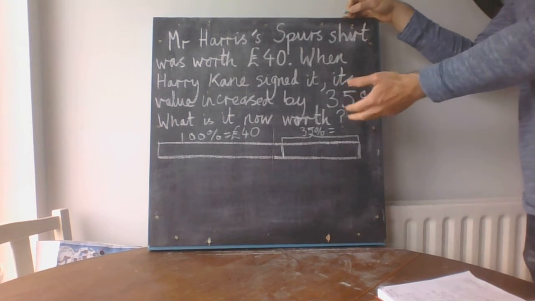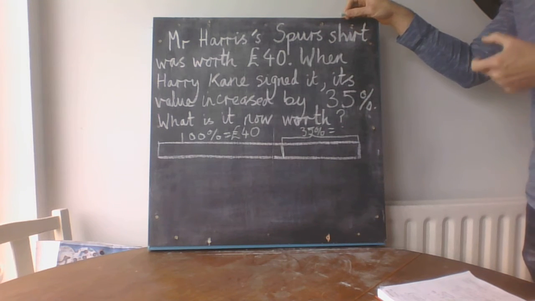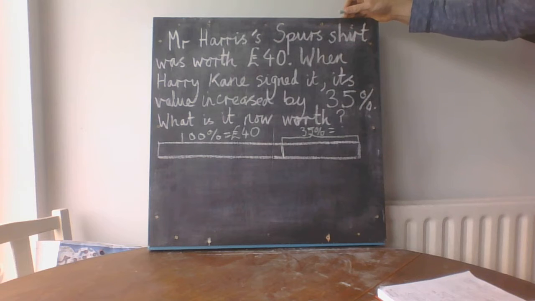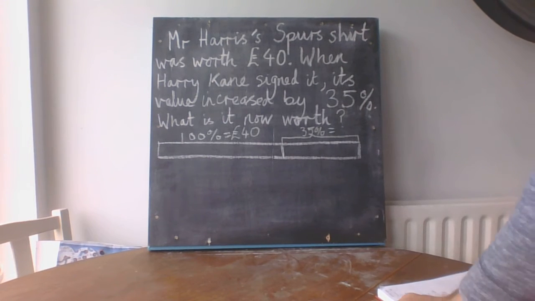Now 35%, the only equivalent fraction would be 35 over 100. That's not helpful. So here, in this scenario, I'm going to find 10%. And remember, to find 10%, we divide by 10 because it's 1/10.